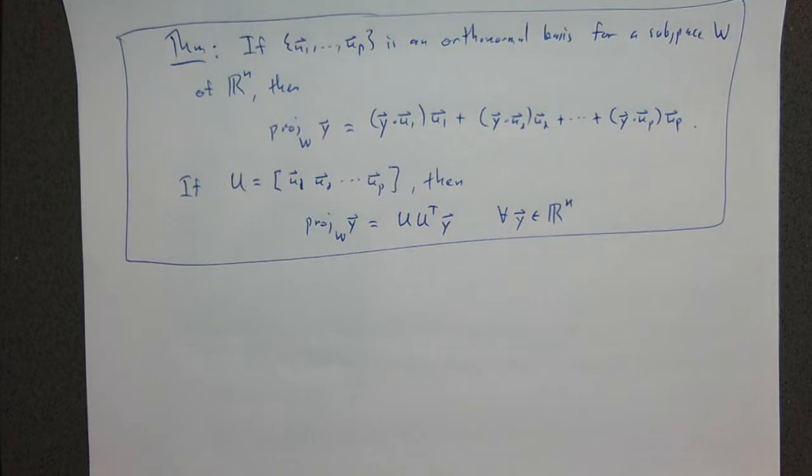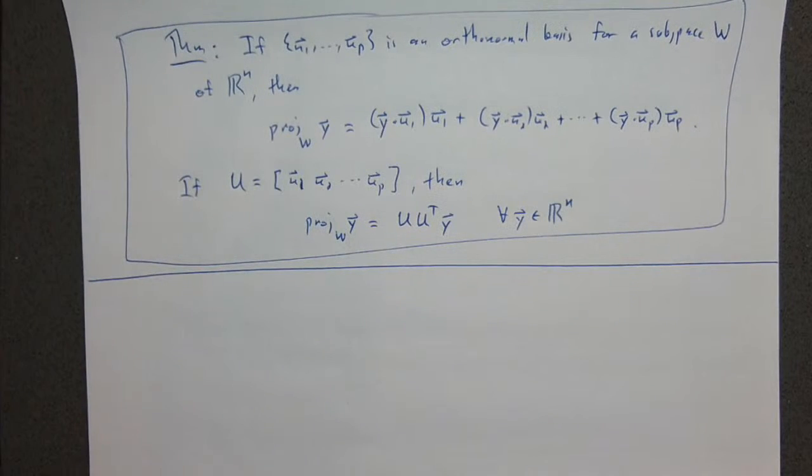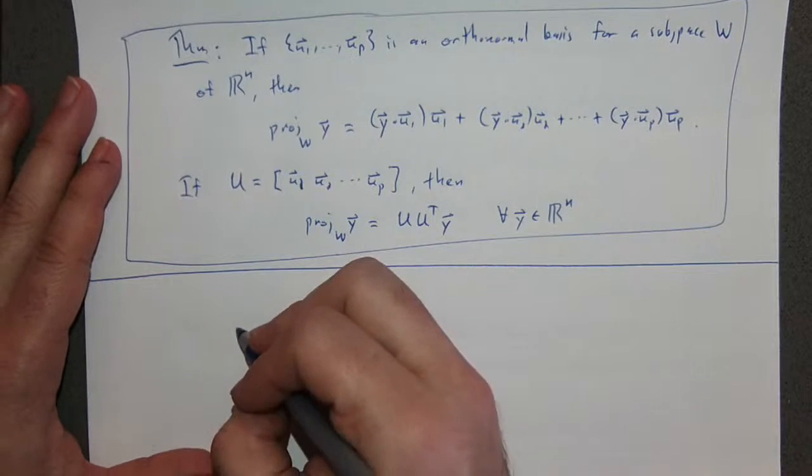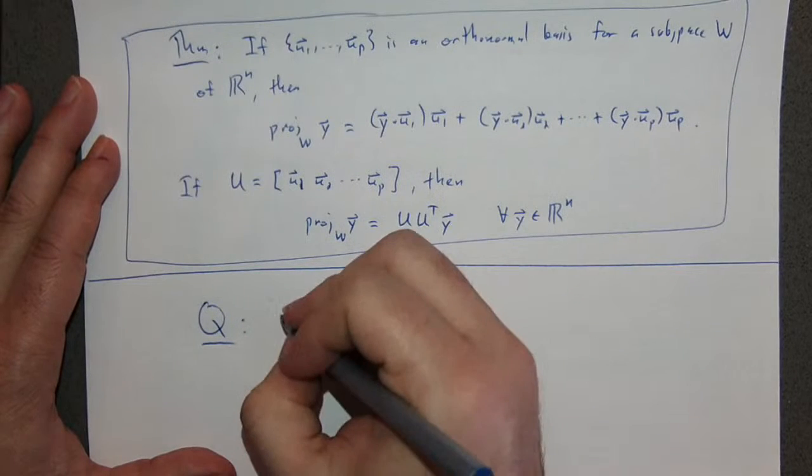And now comes probably one of the most important parts of Chapter 6, which is the Gram-Schmidt process. But before I get into what it is, I'm going to say a big question.